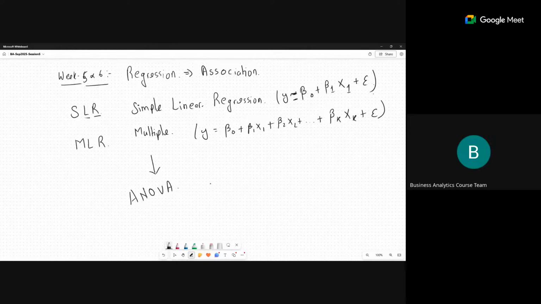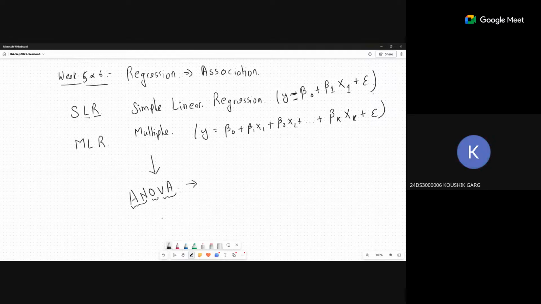What is ANOVA? Sir, it's used in Excel for descriptive statistics. It is not only used in Excel. What is the full form of ANOVA, first and foremost? AN is one word, O is a word, then VA is another word.